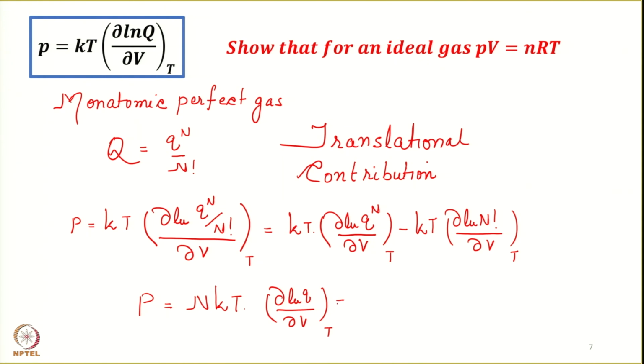Or I can write this as nkT, and the derivative of log Q is 1 by Q times del Q by del V at constant T. Let us proceed.